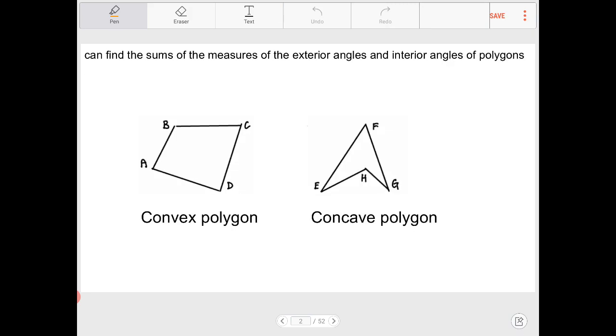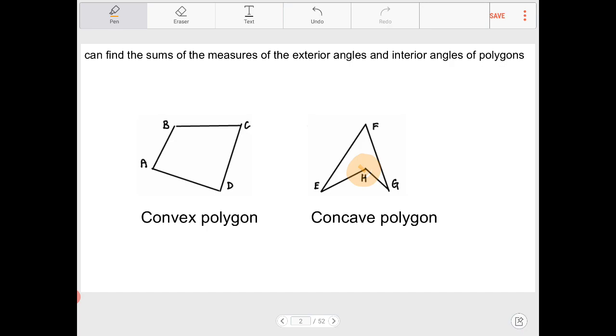So we can think of a polygon in two different ways. One is a polygon that is convex and another one that is concave. Can you spot the difference between a convex and a concave? If you're noticing here that this angle H is what distinguishes a concave polygon from a convex polygon, then you're absolutely right.